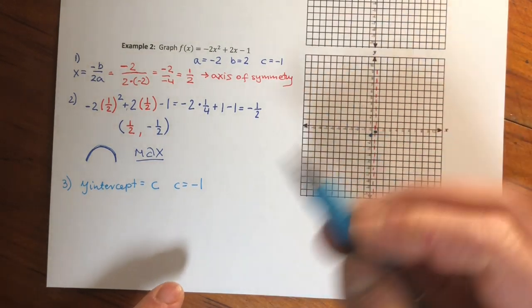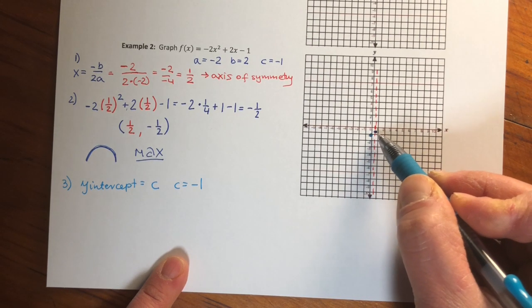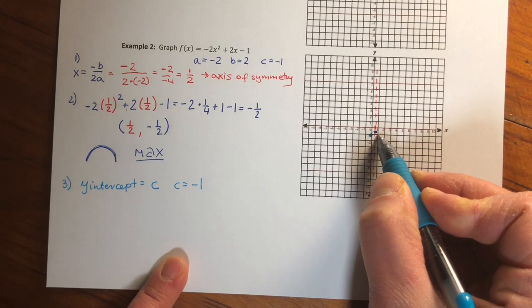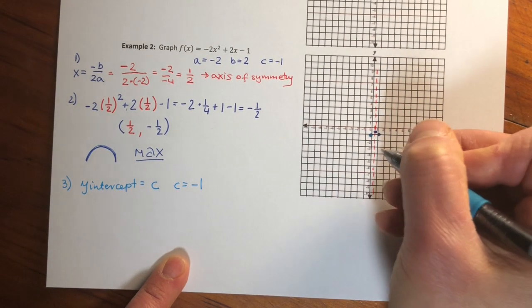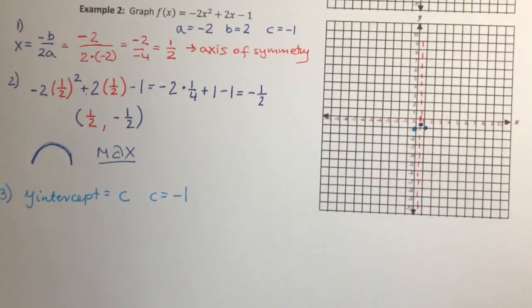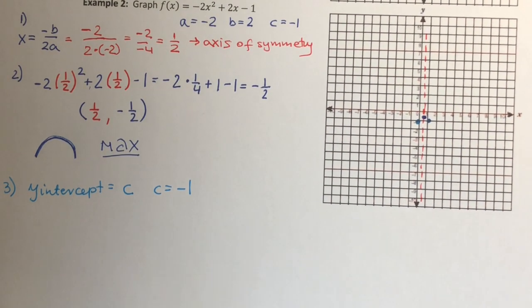I want you to see how I know that my parabola is going to be a sad face. This is the maximum point. So if this is at -1, there's going to be one more point that is symmetric, and it's going to be right on this side. I know that this graph is pretty small, but it's a beautiful graph anyway. So we found the y-intercept.